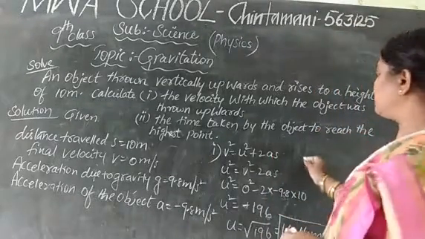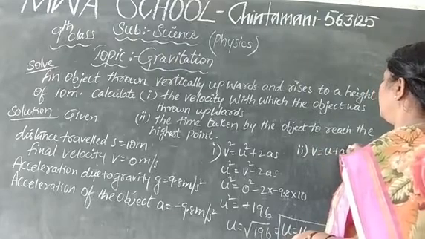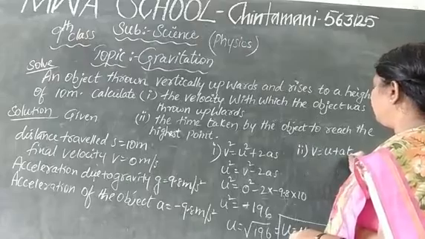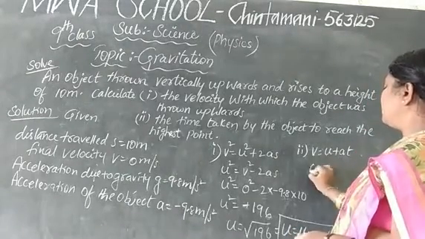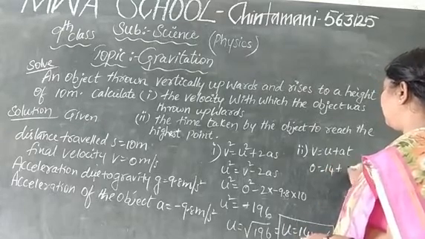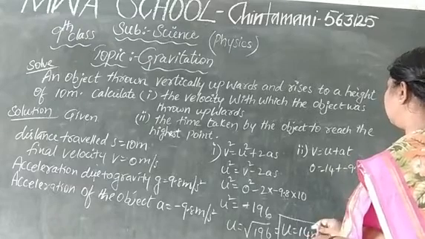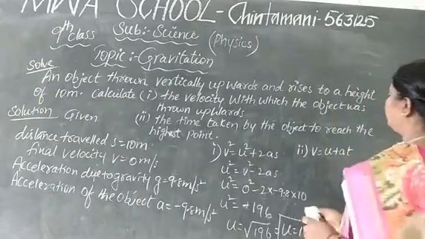Substitute. V is equal to U plus AT, and we have to find the time. Substitute 0 is equal to, just now we got the value as 14, plus minus 9.8 into t. First let me take out the t, children.